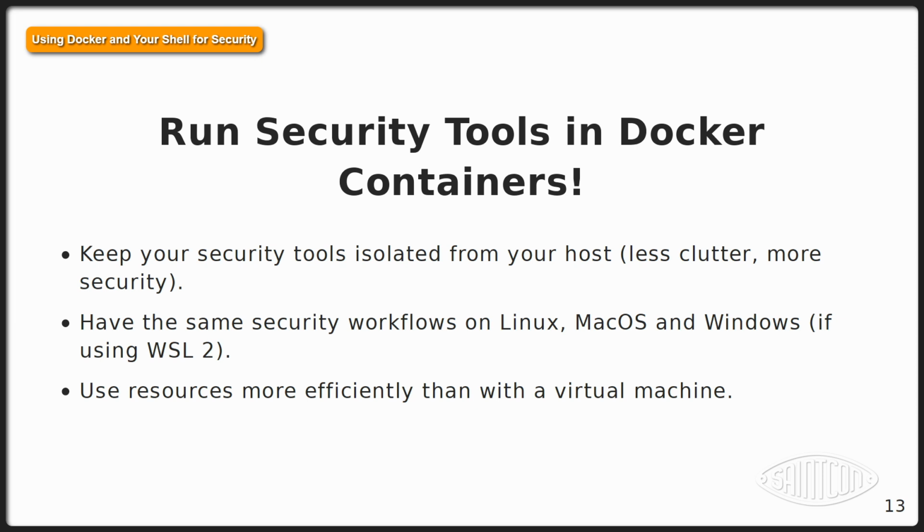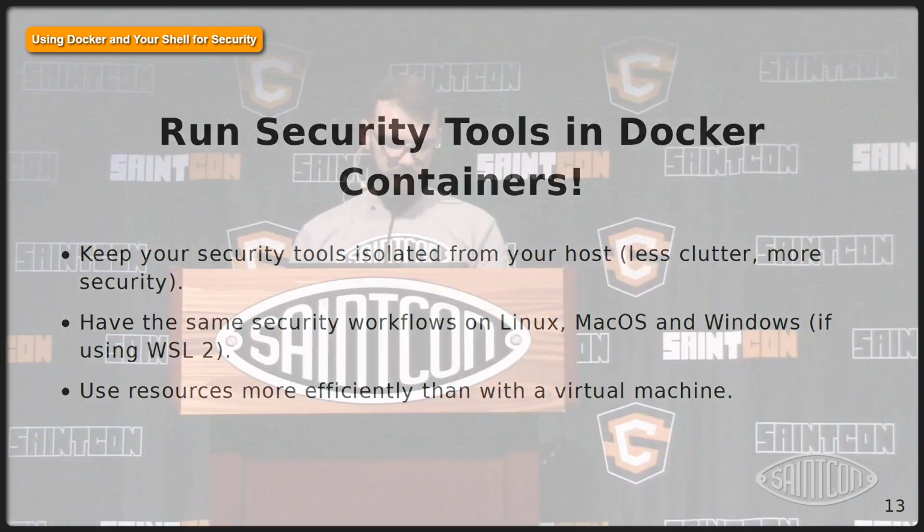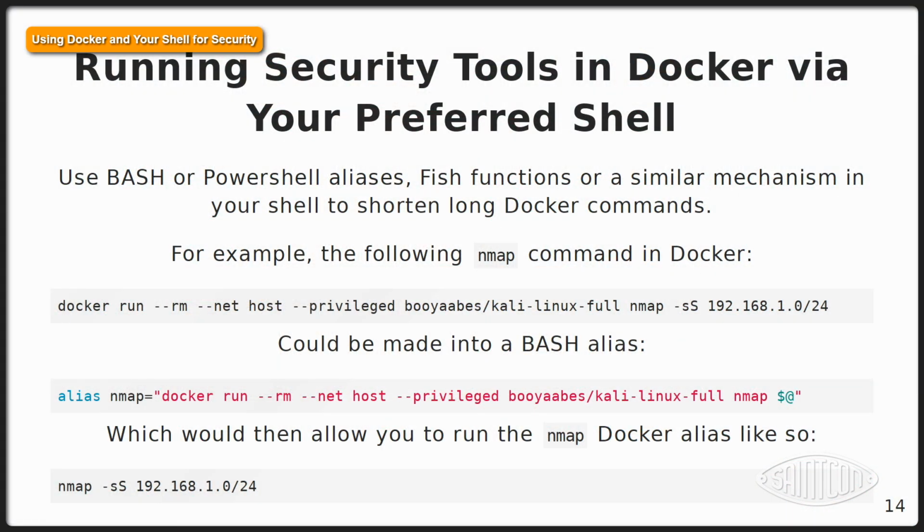So one significant downside to running all your security tools in Docker is that Docker commands can get pretty long. In order for me to fix that, I started writing these aliases. So in Bash, you can have aliases, which essentially serve as shortcuts to longer commands or commands you just don't want to memorize. So if you use a Bash alias, you can have a super complex long Docker command distilled into a single command.